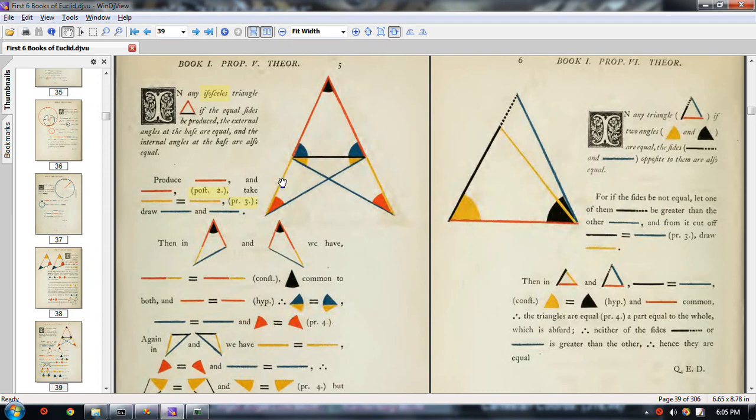So along the production of this line, from the baseline to the product line, and the internal angles of the base are also equal. So that's what we have to prove.